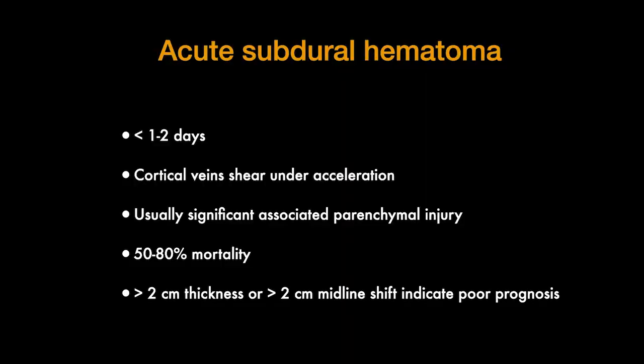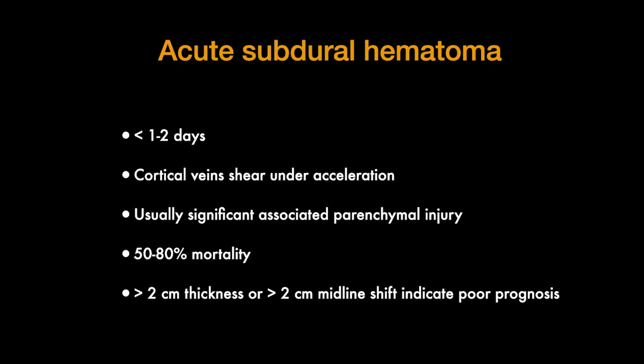Moving inwards, acute subdural hematomas are typically less than 1 to 2 days old. These are due to shearing of cortical veins under acceleration, and these are the veins that traverse the subdural space.